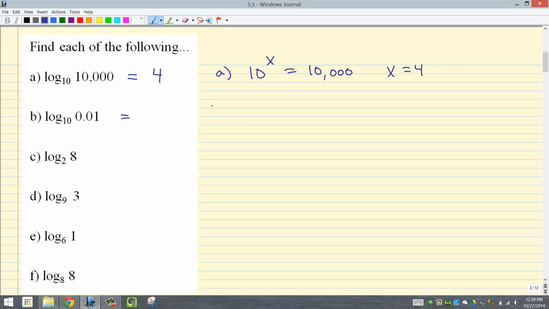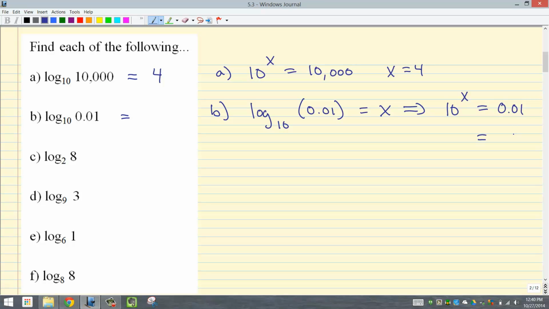Let's do the next one. So the same idea. This is b. So we're going to say log base 10 of 0.01 equals x. Solve it for x. So when you convert it, you're going to get 10 to the x power equals 0.01. Now 0.01 is kind of a goofy number to say.